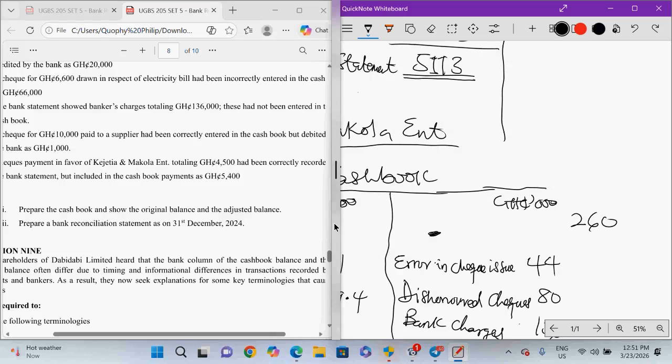And the difference here is this one is 260. So 784.4 minus 260, we are having 524.4. And will this 524.4 be at the debit side or the credit side? The credit side. The shortfall is at the credit side.